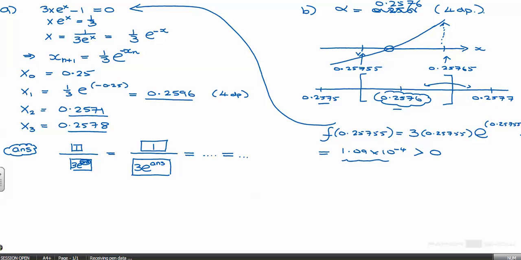Actually, this one is the one when I've substituted the larger one. So I'm just going to change that. And that will be my higher value. And then I'm going to substitute my lower value.